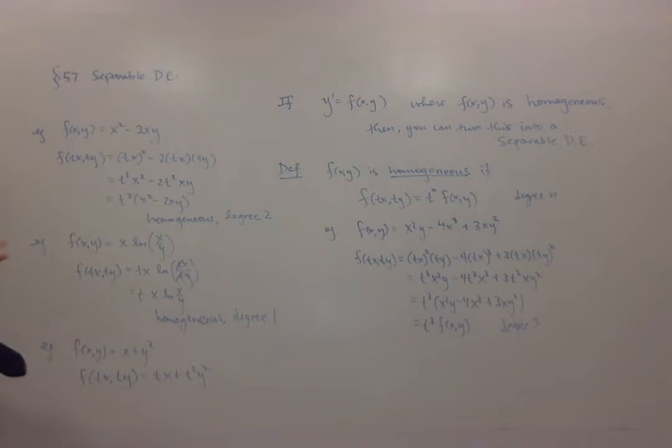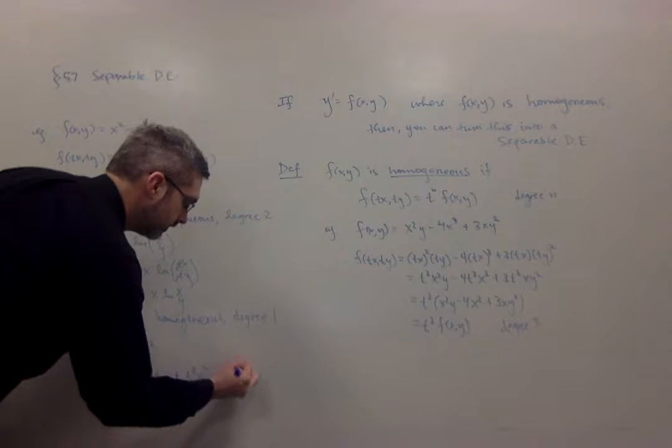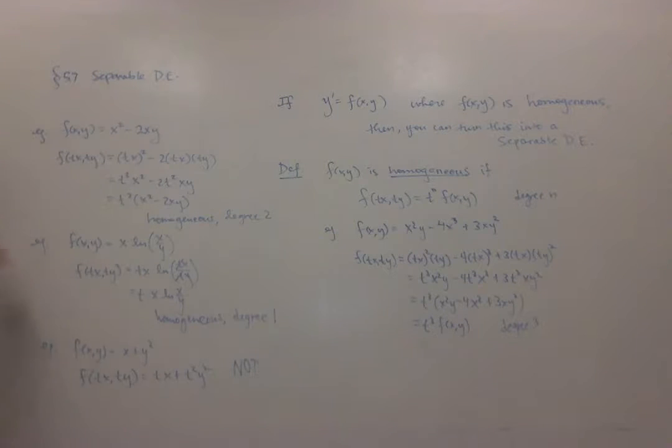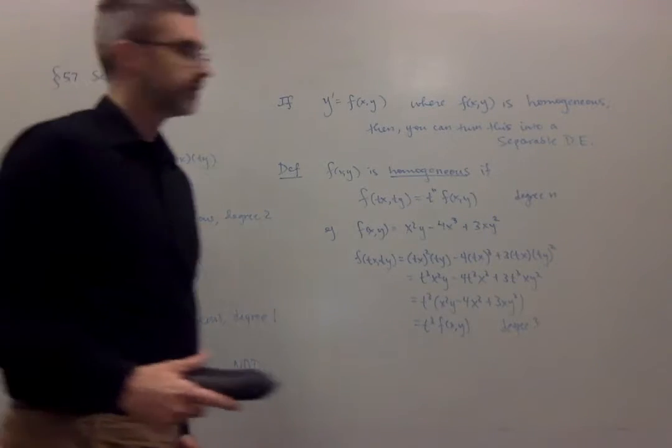Notice that I can't pull the t's completely out of the function, just leaving the function left over. That will not work here. So that one is not homogeneous. That would not be an example that would work for us.